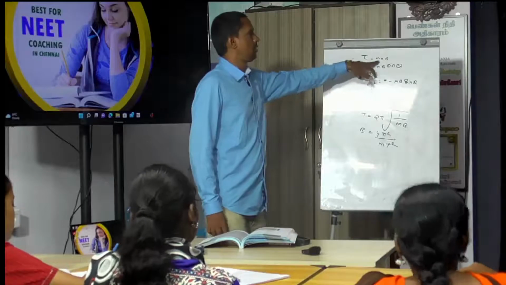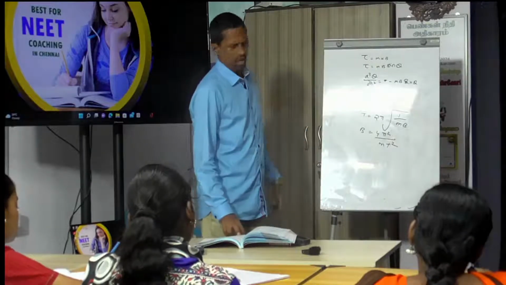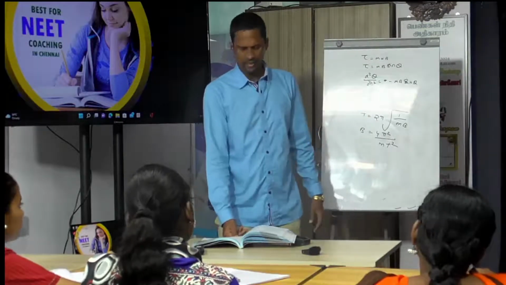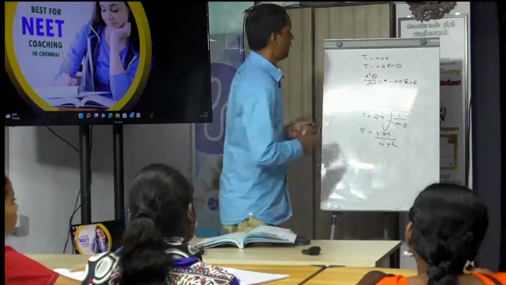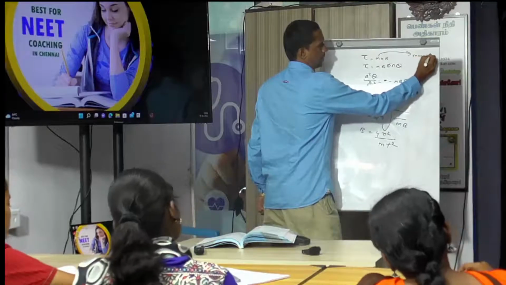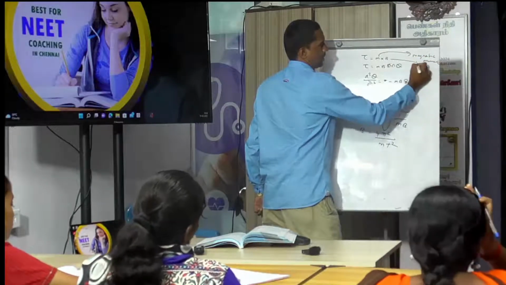Torque is equal to m cross B, where m is magnetic moment and B is the magnetic field.